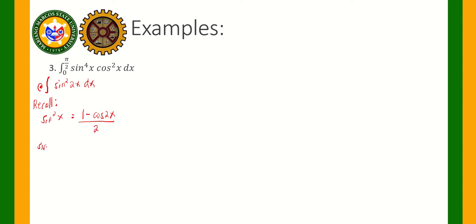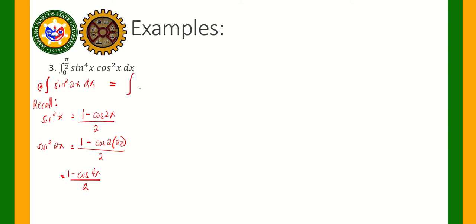Now, for sine squared 2x, lahat ng x dito, palitan natin ng 2x. Okay, so that will be equal to 1 minus cosine 2 times 2x all over 2. So this will be equal to 1 minus cosine 4x all over 2. So this is what we will substitute dito.